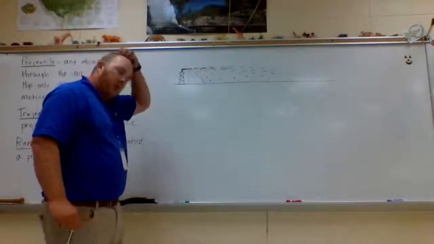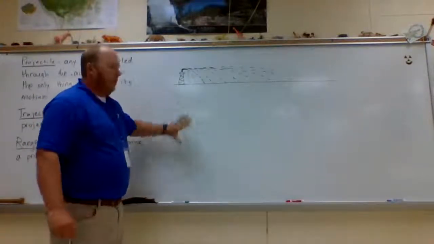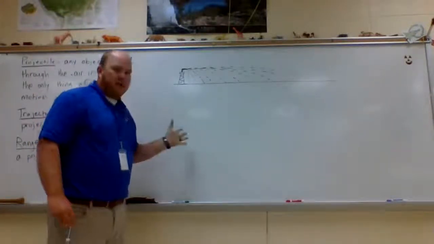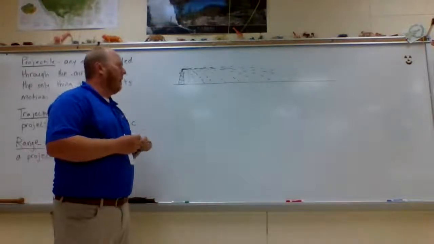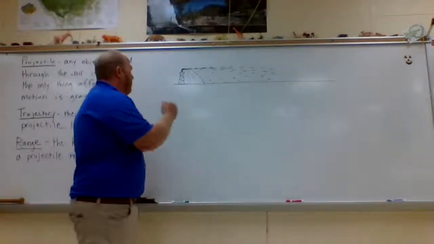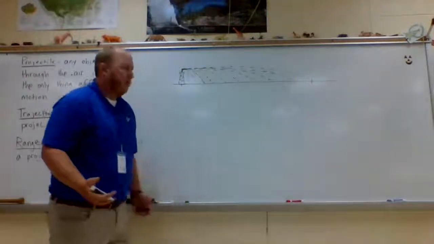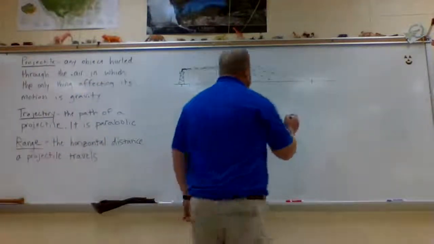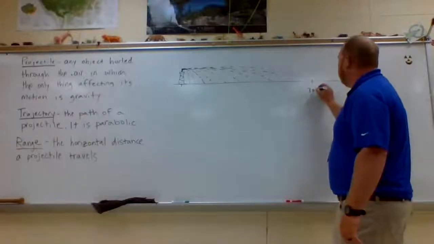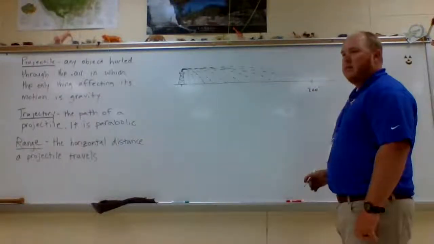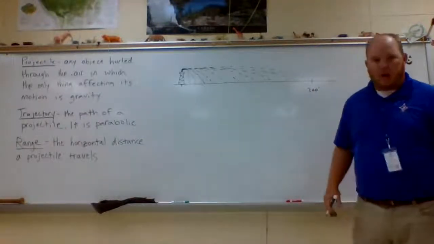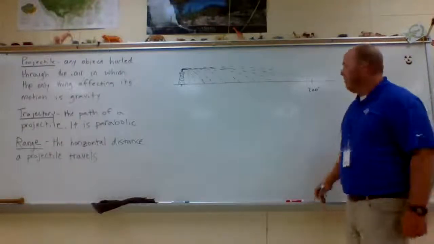So the one problem that we have with this is the way it's drawn. If the distance between here and here is a small distance, like 300 feet or something like that, then this is a perfectly okay drawing. This is exactly what happens.